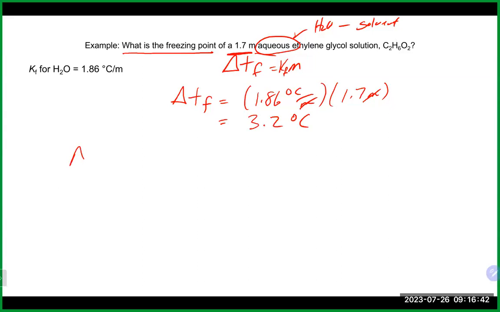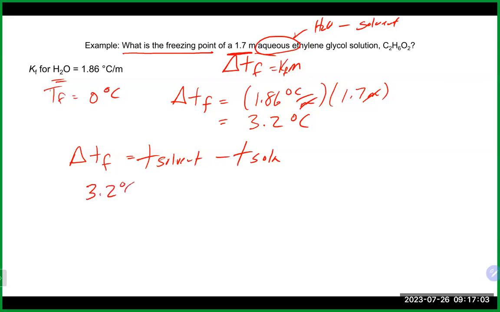Since this is the freezing point depression, the freezing point will be less than the solvent itself, so we take the solvent minus the temperature of the solution. Since water is our solvent, the normal freezing point is 0 degrees Celsius. So we have 3.2 degrees Celsius equals 0 degrees Celsius minus the temperature of the solution.